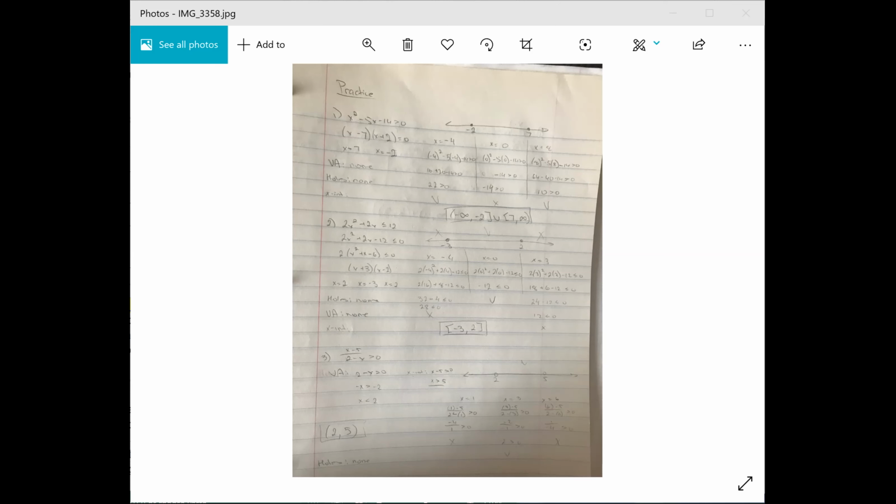And when you plug in 6, you get negative 1/4 is greater than 0, and that one does not work. So the only interval that worked here was from 2 to 5. Any questions on this?